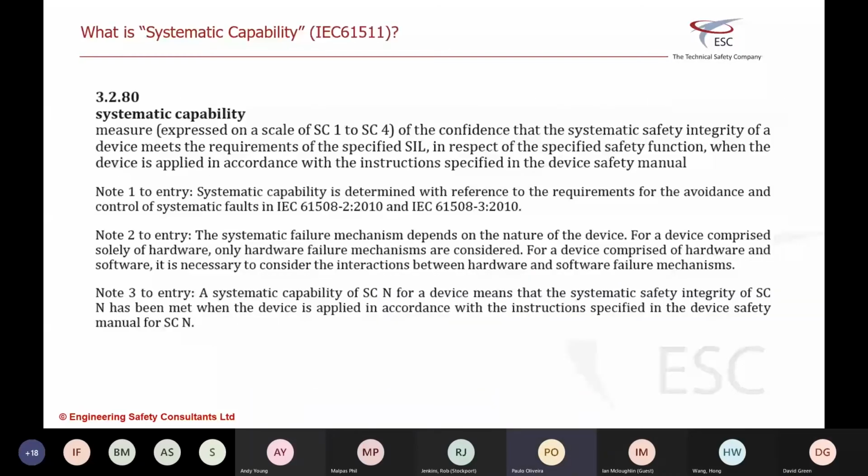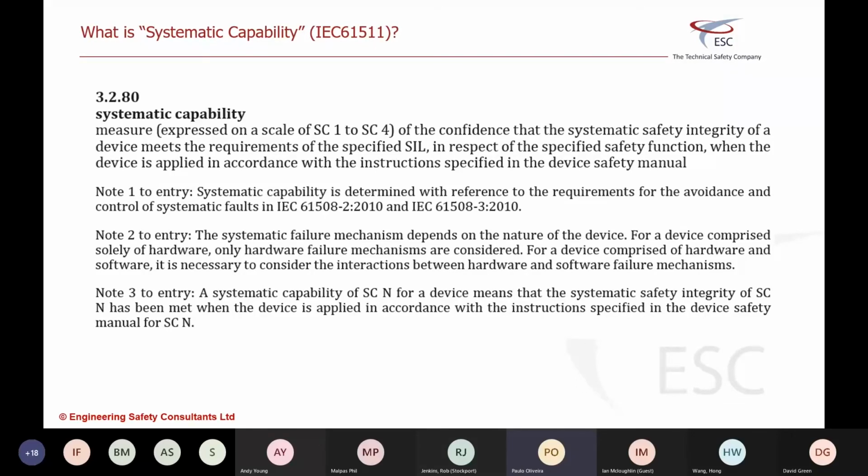61511 also defines systematic capability. This might come as a surprise to you, because most of the time people think 61511 only talks about PFDs and some stuff you need to do, but it's actually there. There's systematic capability for any function that claims a safety integrity level.